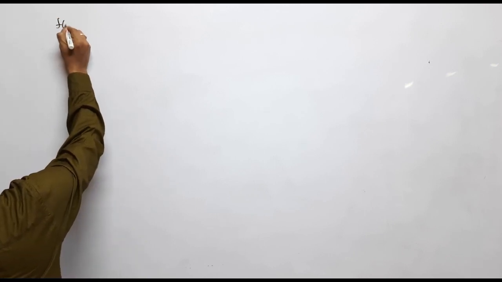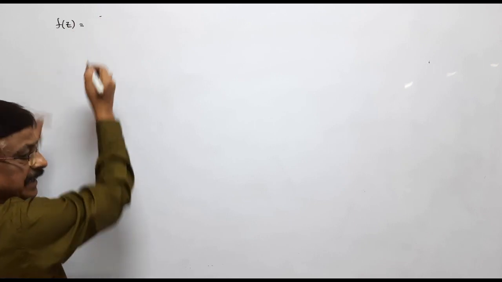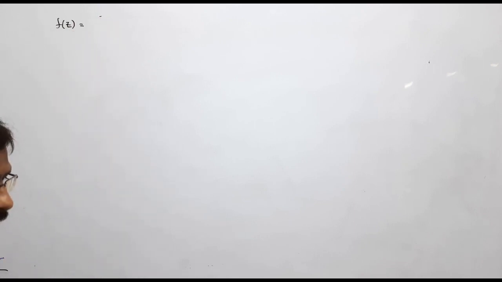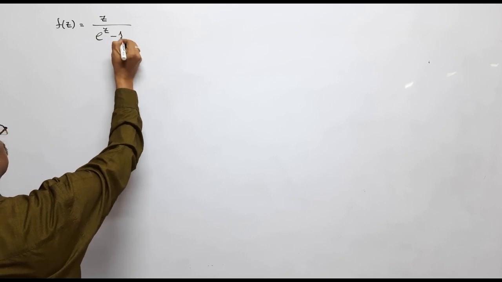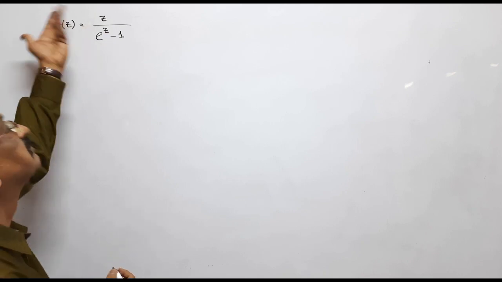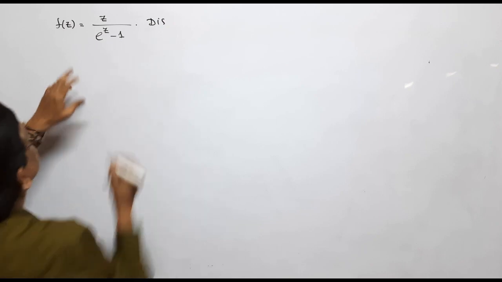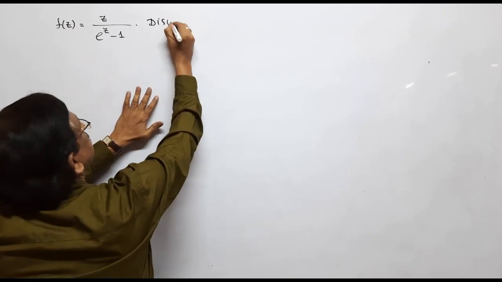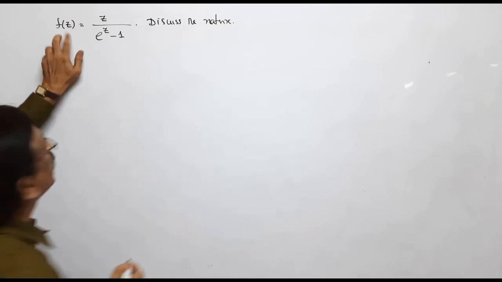Now I have another example of f(z). I would like to evaluate a function like z by e power z minus 1. Evaluate the residue or whatever it may be. Let us see the question in a different way: discuss the nature of this function f(z).